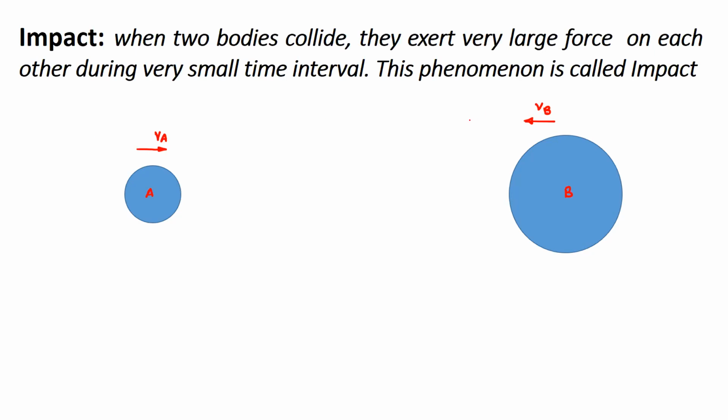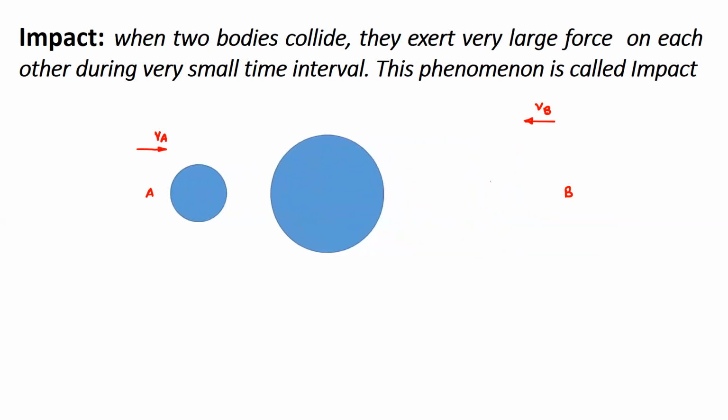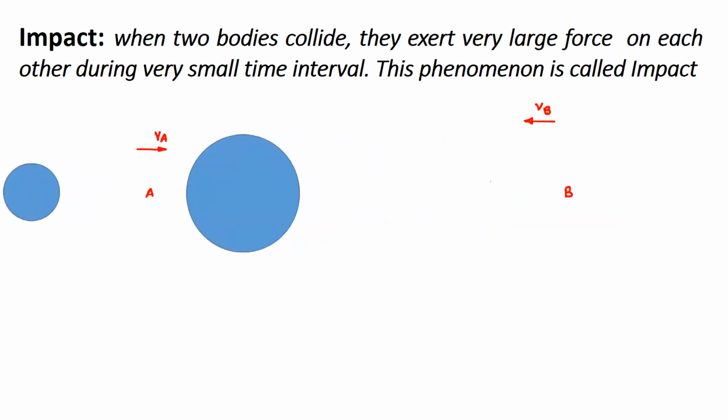These are the velocities of the objects A and B before the impact. When the objects approach each other, at one point they will collide, and after the collision, the direction and the magnitude of velocity will change. This phenomenon is called an impact.